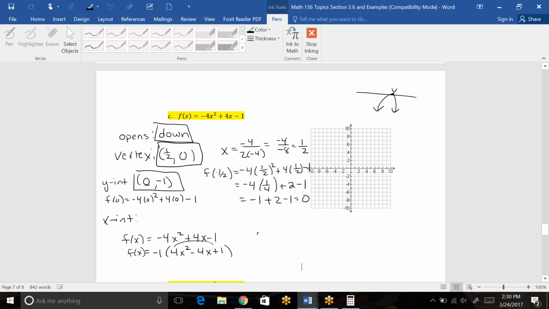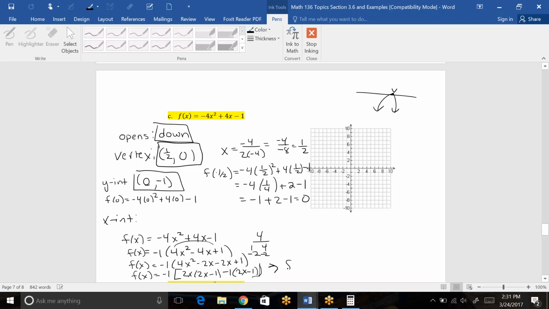So 4 times 1 is 4. Factors of 4 that make -4 would have to be -2 and -2. So that would be 4x squared minus 2x plus 1 to factor by grouping. And we pull out a 2x in the first pair. That leaves us with 2x minus 1. We pull a -1 out of the second pair. That also leaves us with 2x minus 1.